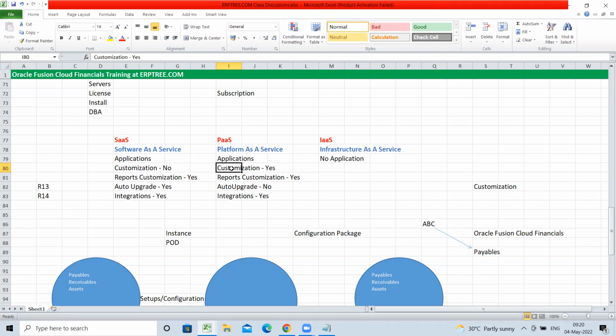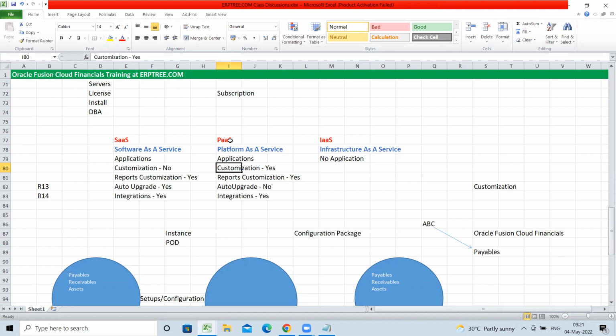If we are building a complete new platform, then we need to go under PaaS, correct? If we are building a whole new application, then we need to go for PaaS. Yes. Not a completely new one, but some custom application where modifications are required as per the business process.